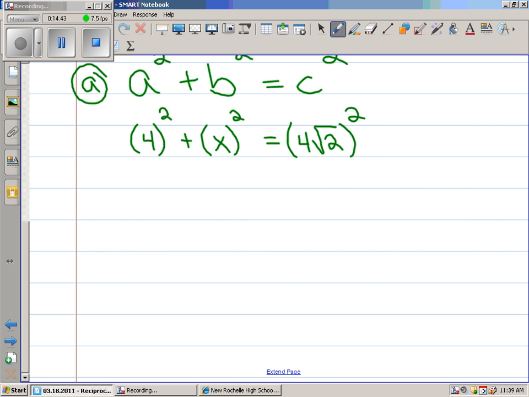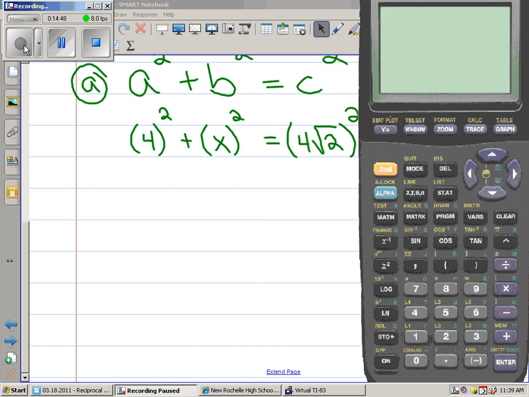Let me show you something so that we're recording. If you're trying to plug 4 radical 2 squared into your calculator, you have to put parentheses around it, because it's got to be 4 radical 2 being squared.